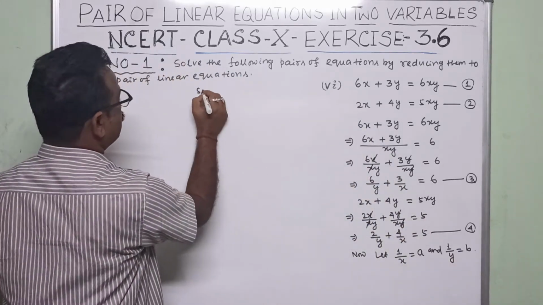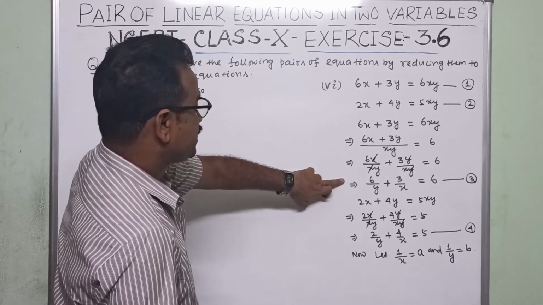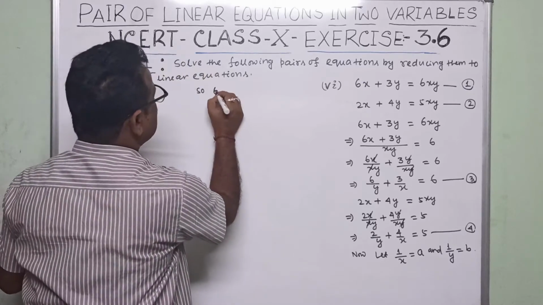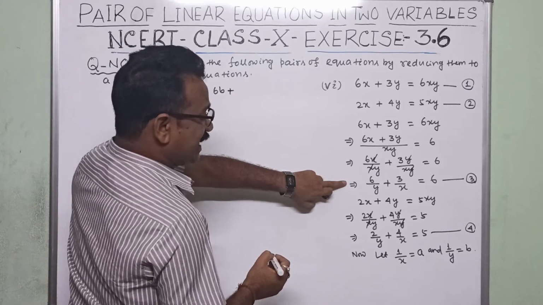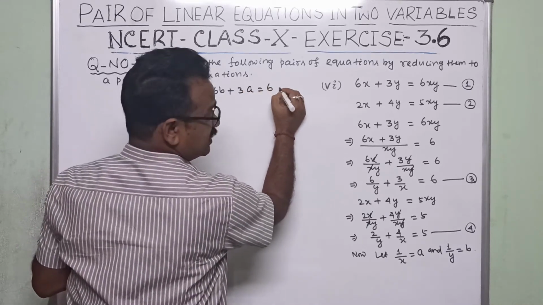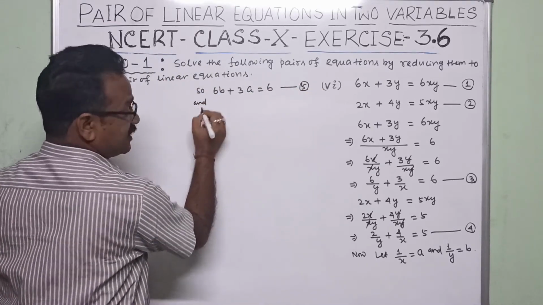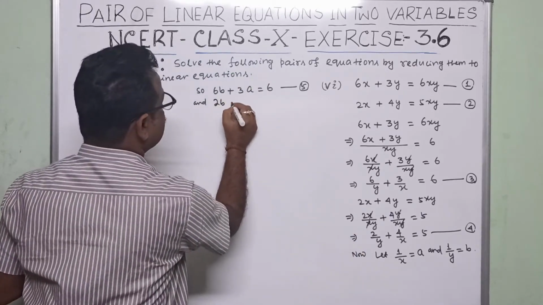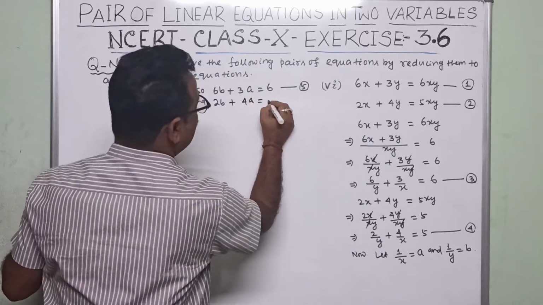So equation 3, 6 by y, so 6b plus your 3 by x, so 3a is equal to 6. This is your equation 5. And second one, 2 by y, so 2b plus 4 by x, so 4a is equal to 5.